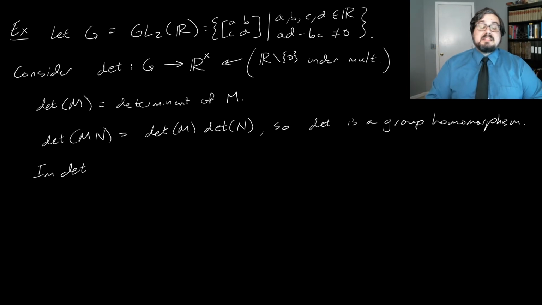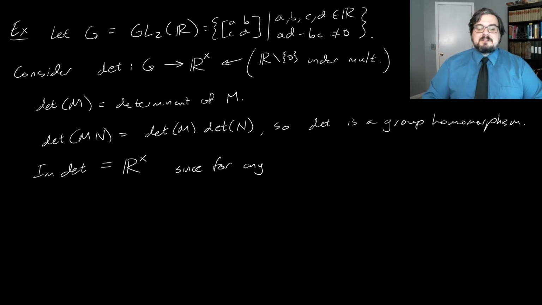And this is going to be the set of all real numbers that show up as the determinant of some matrix. Now we're going to claim that the image of the function det is in fact all non-zero real numbers. We'll do that in the following way.